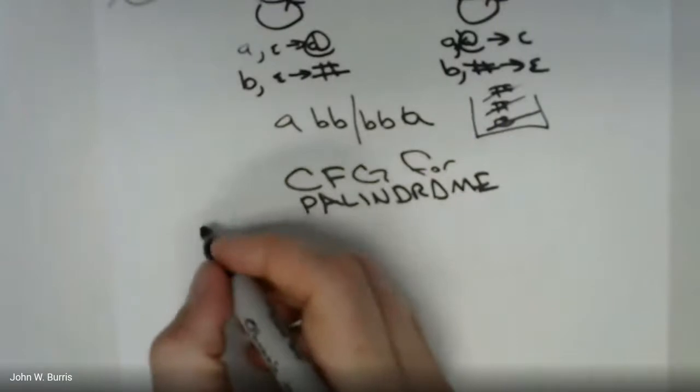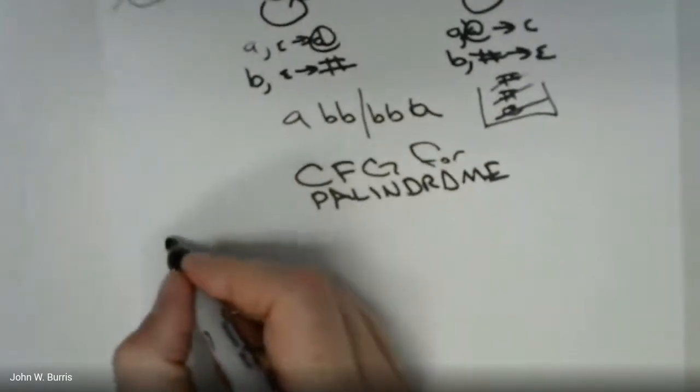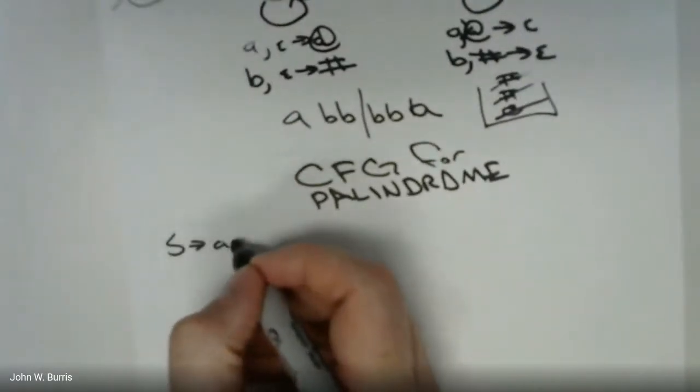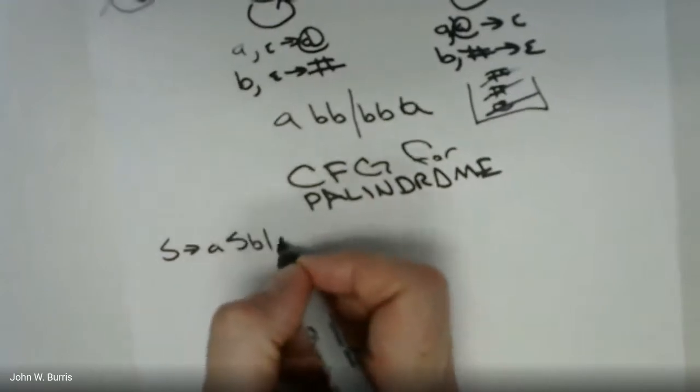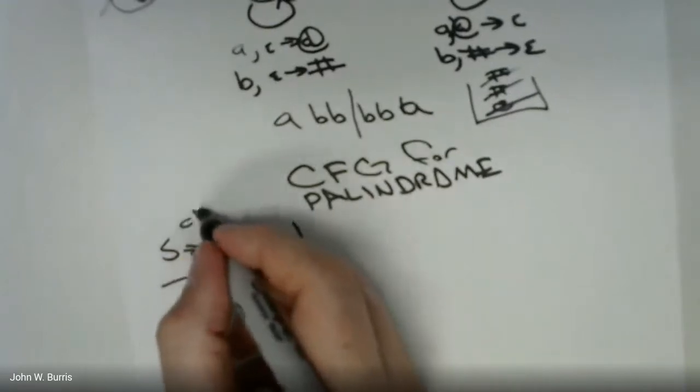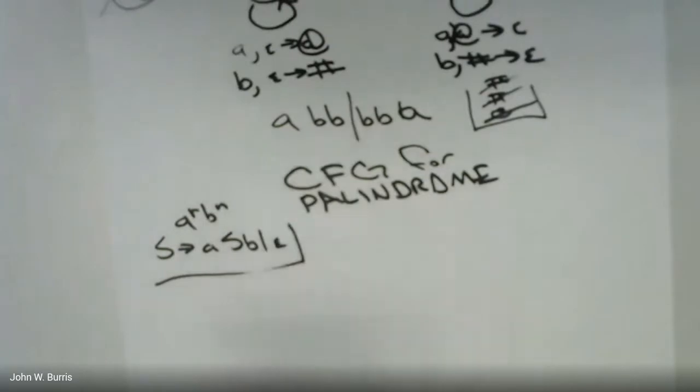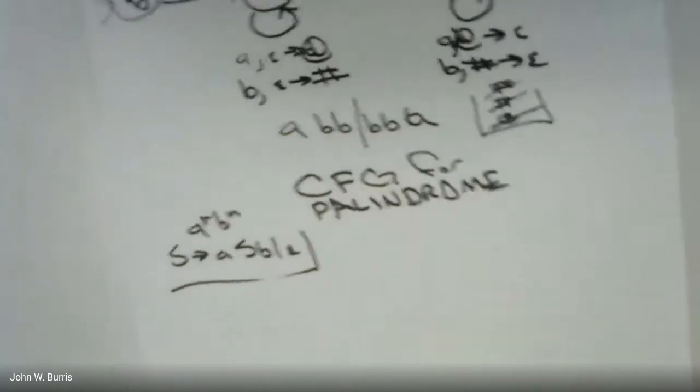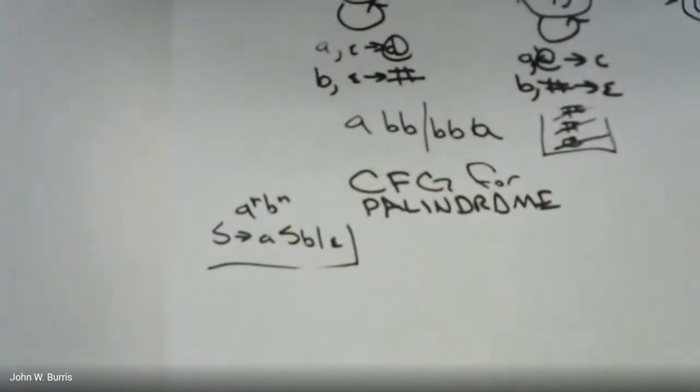I want to start with A to the N, B to the N. I'm going to put that rule off to the side, so I've got it there with me as an example if I need an example.